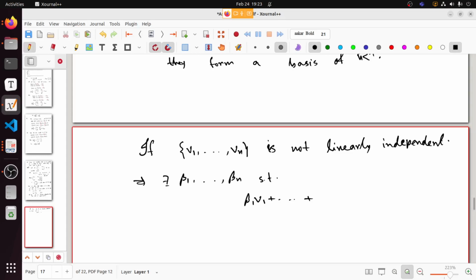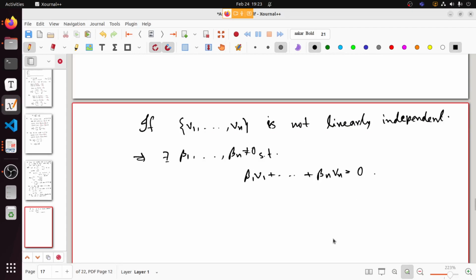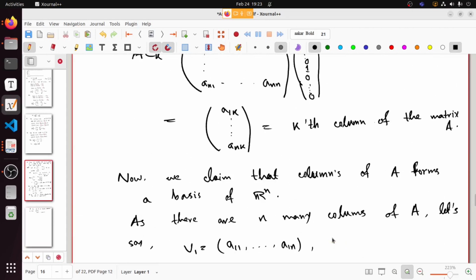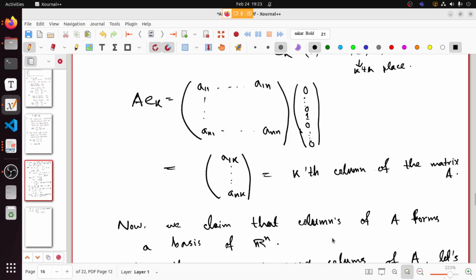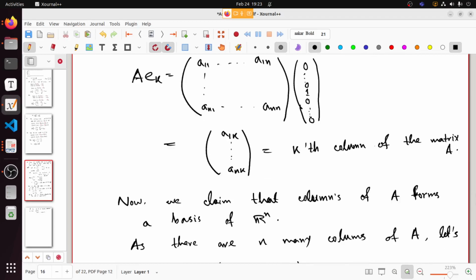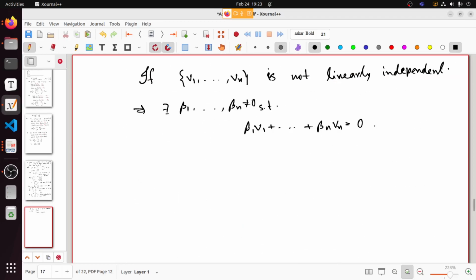So beta 1, ..., beta n are not all 0 such that beta 1 v1 + ... + beta n vn equals 0, right? So then what will happen? We have seen that A of ek is vk, as we have denoted.